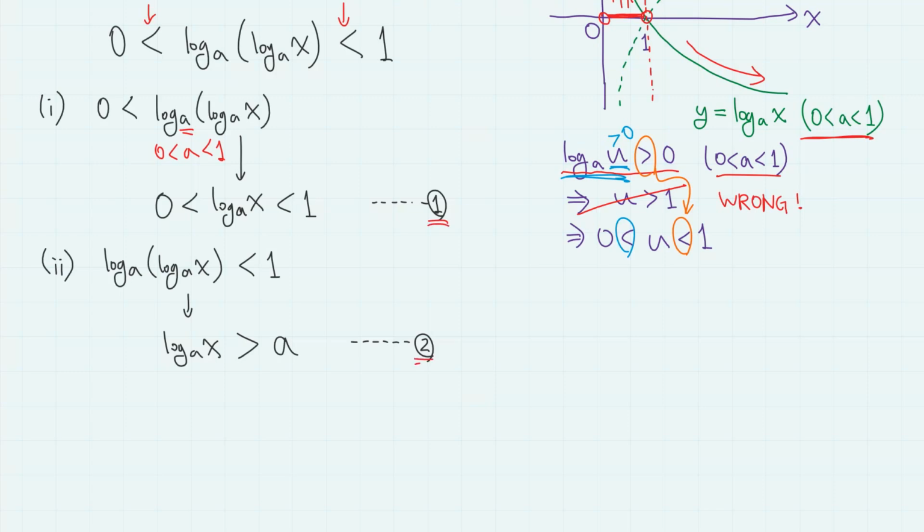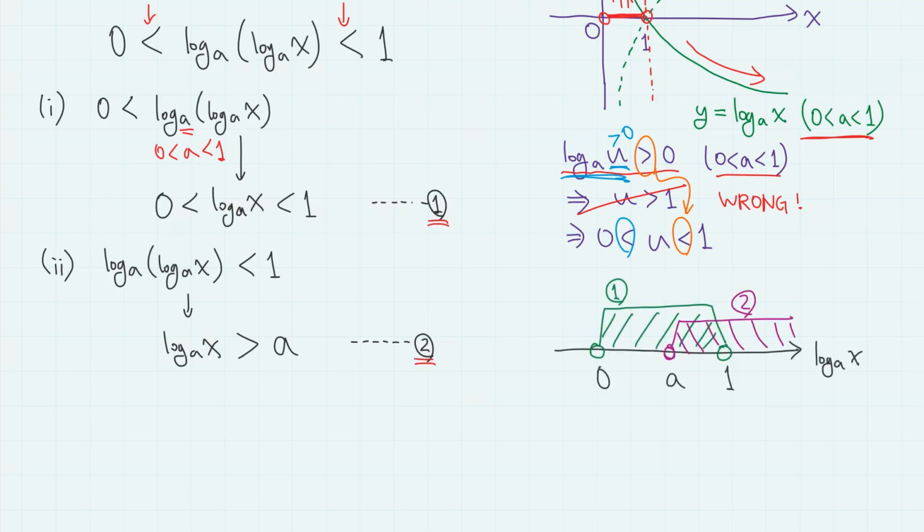So now we have two ranges for log base a of x. Since a is greater than 0 and less than 1, the common range is log base a of x is greater than a and less than 1.